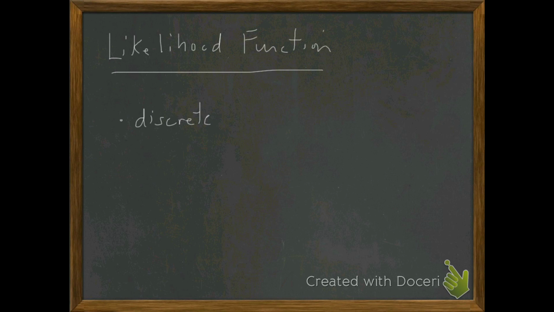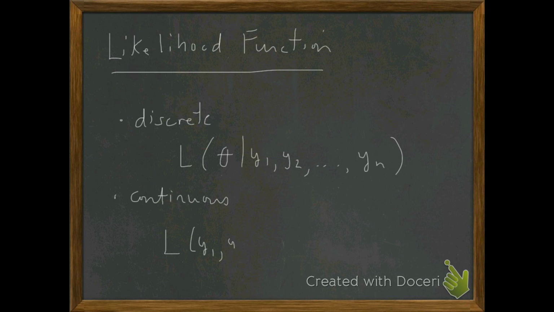So we would say that in the discrete case we have the likelihood function of theta given our data. And in the continuous case, we have the likelihood of our data given a parameter.